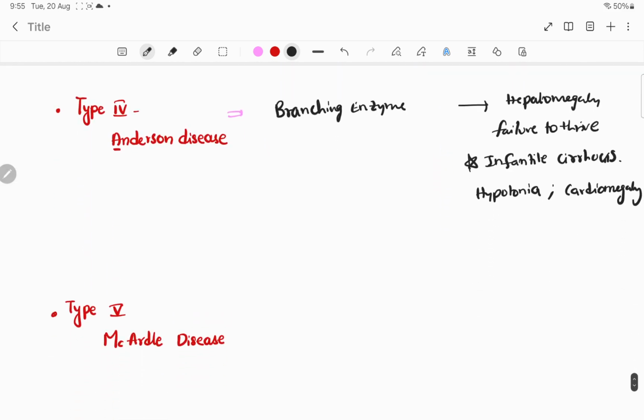You can see that infantile cirrhosis is the unique thing to remember in Anderson's disease, the branching enzyme deficiency.